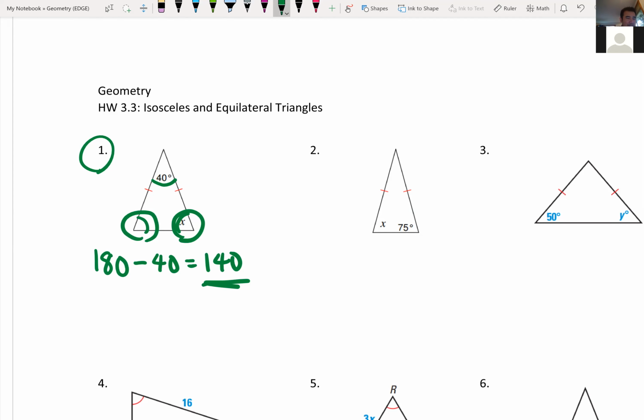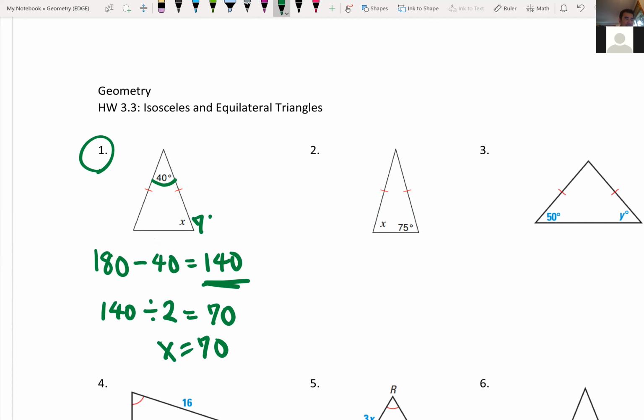In other words, you have to divide 140 by 2. You have to split 140 equally because bottom angles are the same. Okay? So that will give you 70 degrees. Does that make sense? So x equals 70.